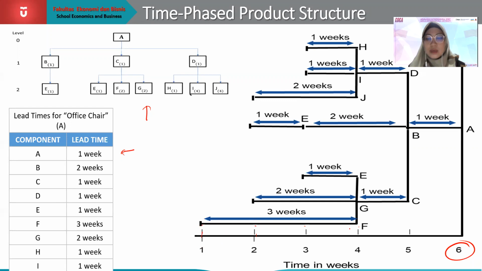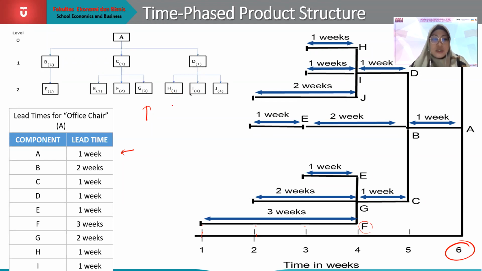So after this, we have component F. And then go back and look at the product structure. What is component F? And does component F have friends? Oh yes, they do. Component F also needs E and G, and if they collaborate, they can be used to make component C. So you start from here. You can start from component G or component E, it's up to you.